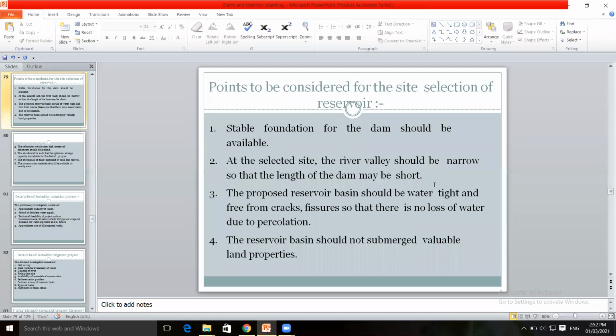The objective should be fulfilled, whether it is required for supplying water to a particular city or town, for industries, for generation of electricity, and for irrigation purpose. It should serve these various purposes.